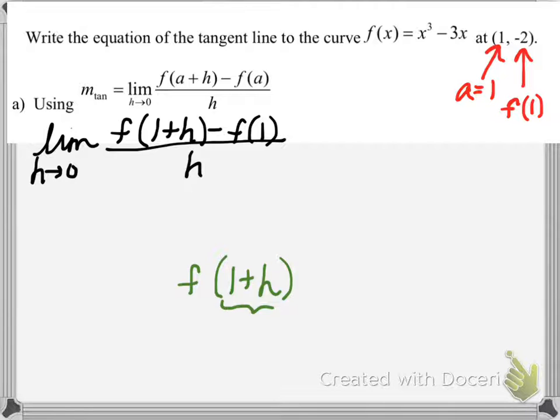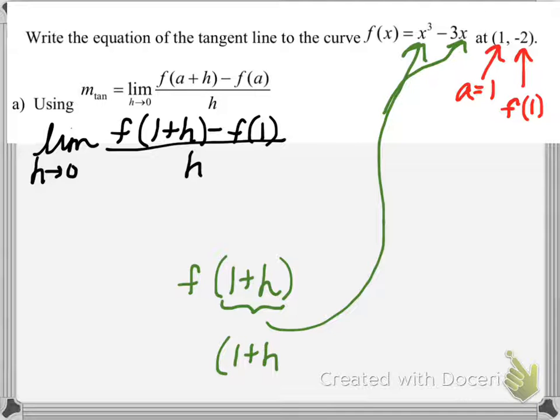Remember, this means that 1 plus h becomes our input. So we are going to substitute 1 plus h into our function everywhere we see an x. So this part is essentially going to become 1 plus h, the quantity cubed, minus 3 times 1 plus h.